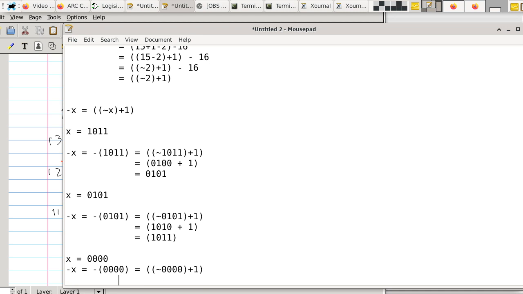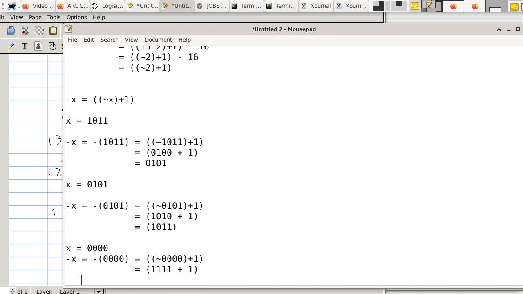Like that. And then the bitwise not of 0, 0, 0, 0 is 1, 1, 1, 1. And then we add 1 to it. And that turns out to be just 0, 0, 0, 0, with a carry of 1 that we cannot see, right? So it does work. Okay, so this is how we take arithmetic negation, and the operation is called 2's complement.